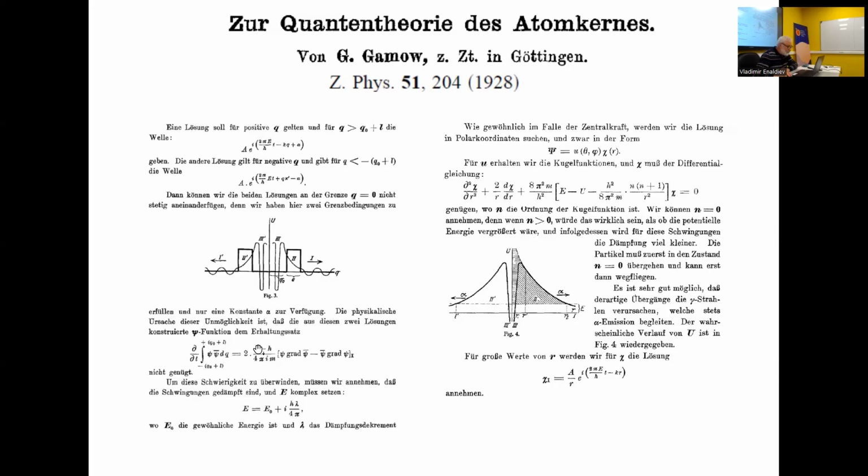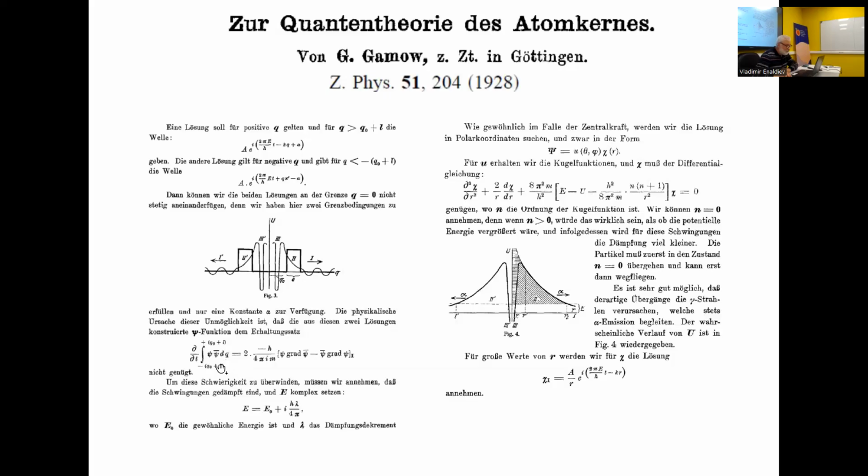Then he realized that if we try to find a stationary solution to the Schrödinger equation with such boundary conditions, and if we integrate a continuity equation over the region occupied by the potential, that is from the left to the right sides of this barrier, then we get a contradiction if the energy of the stationary state is real.